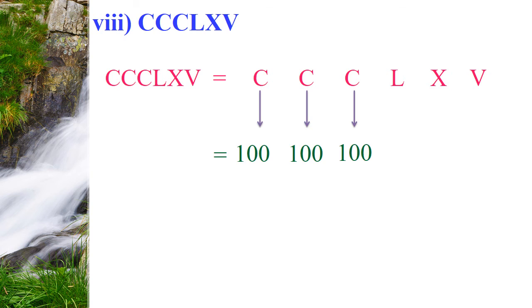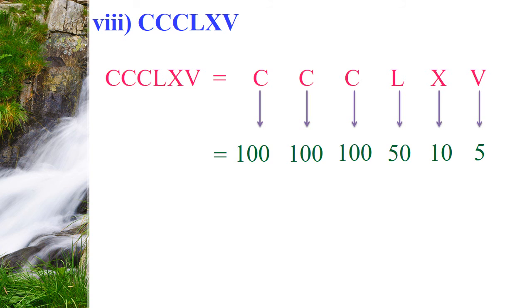Eighth problem, CCCLXV. First split the symbols. So C, C, C, L, X, V. Second step, write their values. So here C represent 100, L represent 50, X represent 10, next V represent 5.